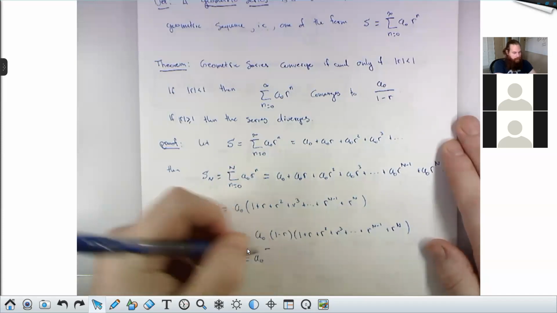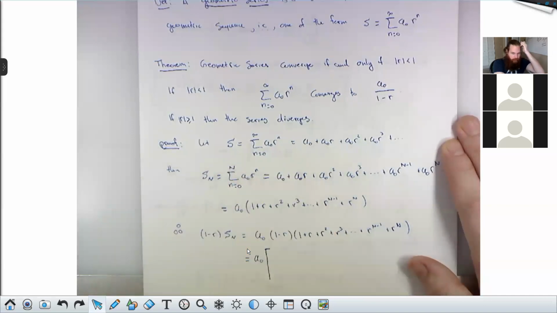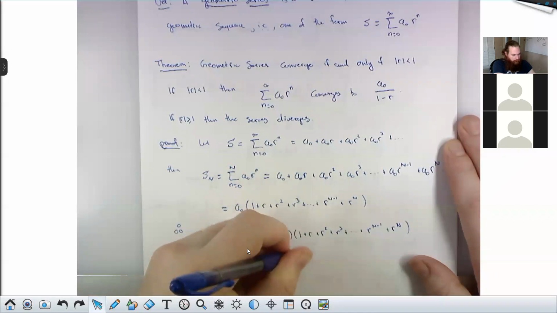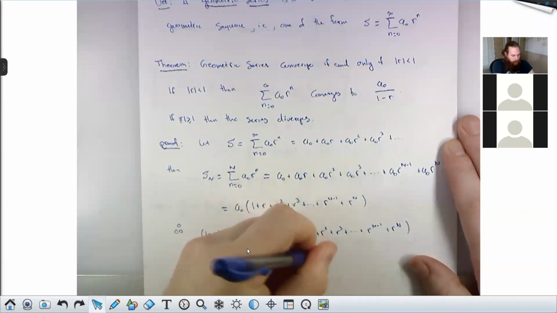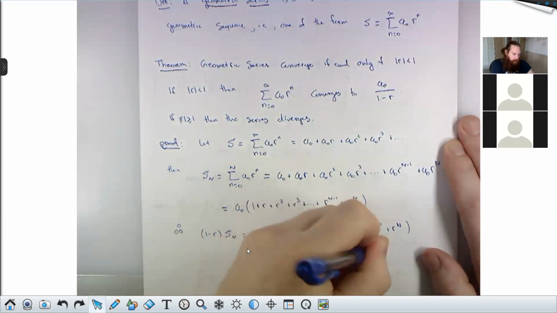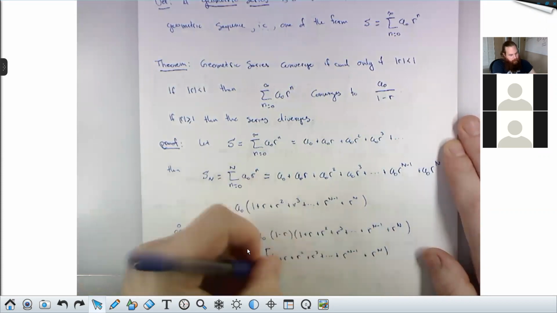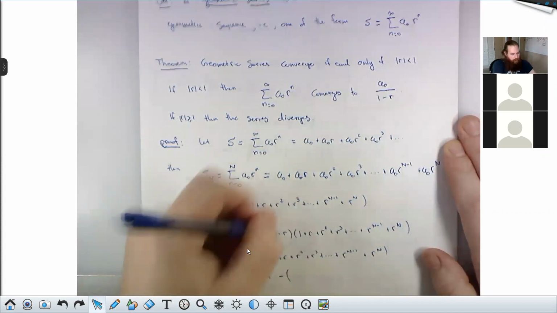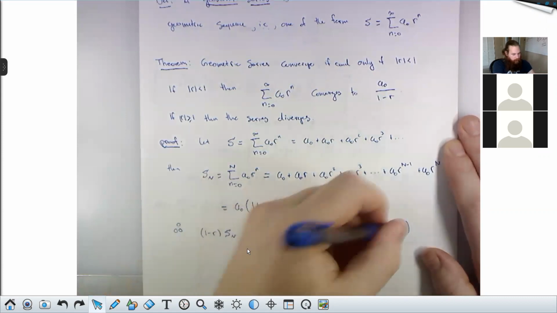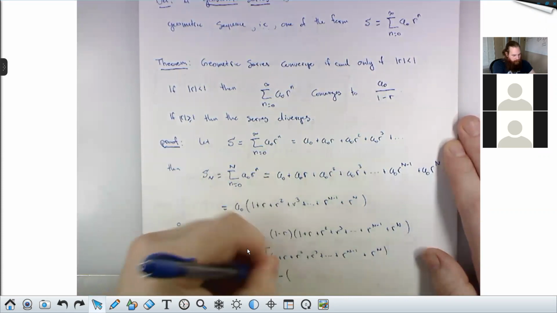And then what I'll have inside here, if I distribute the 1 to every term, then I just get 1 plus R squared plus R cubed all the way out to R to the n minus 1 plus R to the n. And then I'm going to distribute the minus R. So I distribute the 1 and I just get another copy of this thing. All right, 1 times this thing is this thing. And then this minus is this minus.